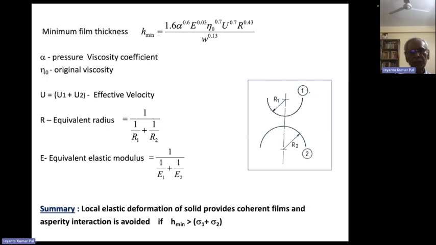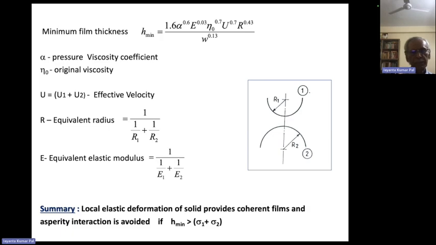This we'll see when we discuss hydrodynamic lubrication. And capital R is the equivalent radius that will also decide the film thickness. And the load is in the denominator. That's quite clear, because the higher the load, the lower would be the film thickness.